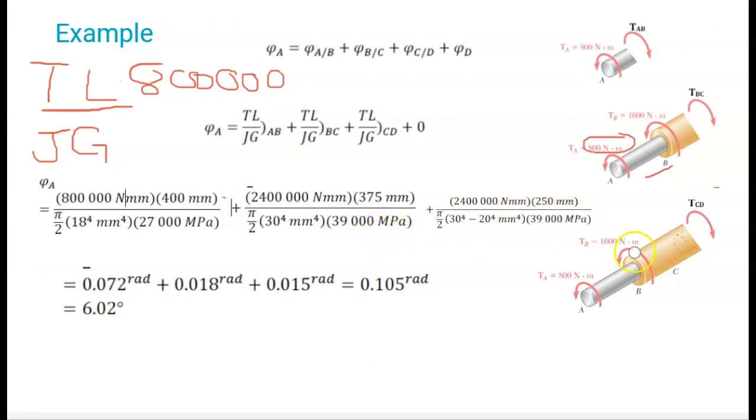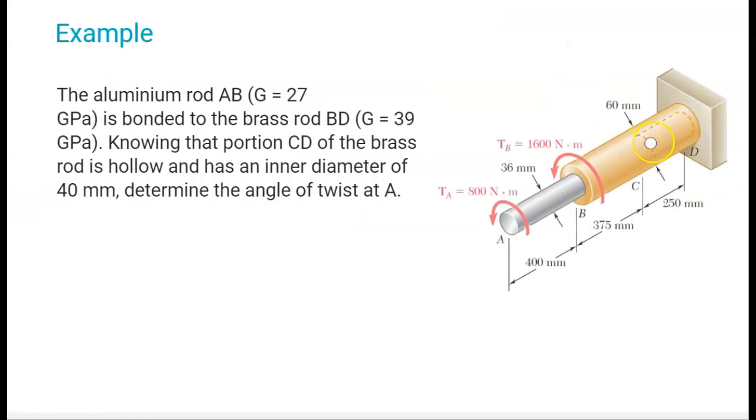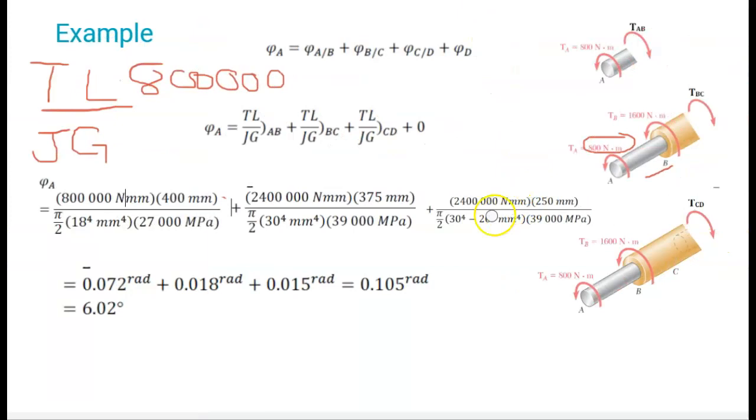And then the other one was the last bit. If you remember, the last bit here is a hollow bar, and the hollow has the inner diameter of 40 and the outer diameter of 60. So the inner radius is 20, the outer radius is 30. So I'm just going to do the formula here.